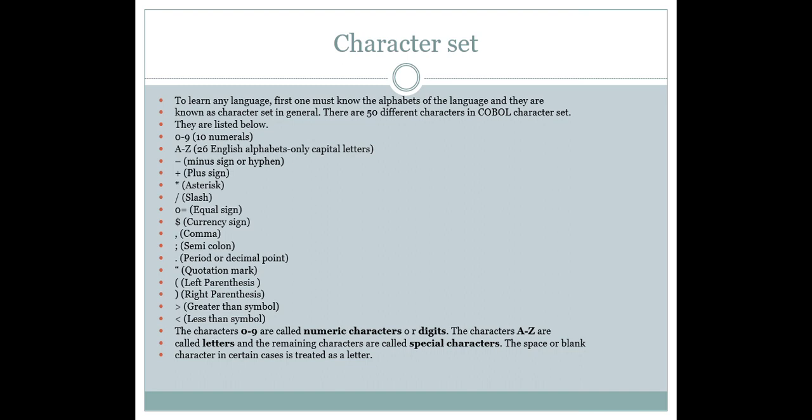Related to the character set, you must know the various characters, which can be grouped in three forms: numeric, alphabets, and special characters. These are the important things related to the structure and character set of a COBOL program.